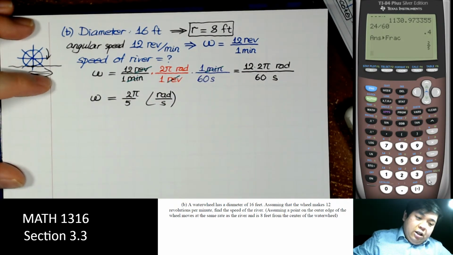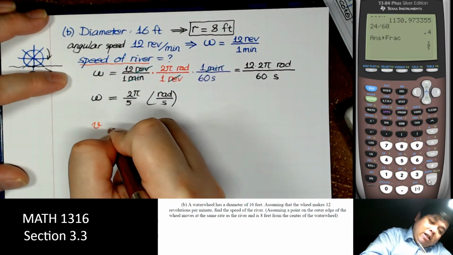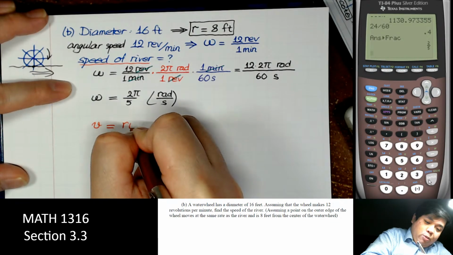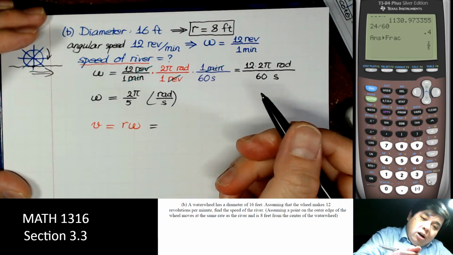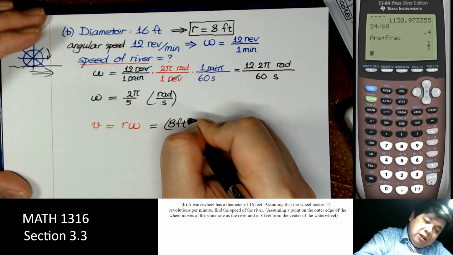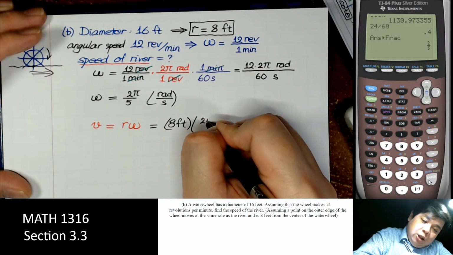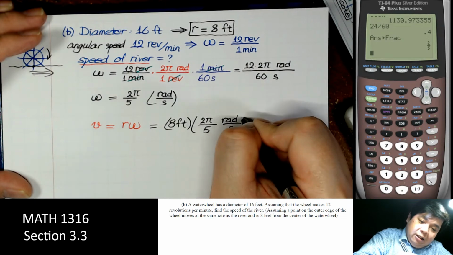And finally, the speed of the river. That is the linear speed, equal to r times omega. The radius is 8 feet, times 2 pi over 5 radians per second.